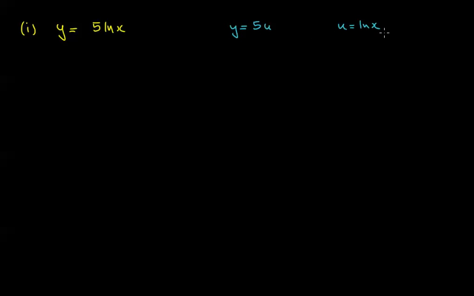Let u equal natural log of x, then y would equal 5u. So dy by du would equal just 5, and du by dx would equal 1 over x. And therefore dy by dx using the chain rule would just be 5 times 1 over x. So it's 5 over x.